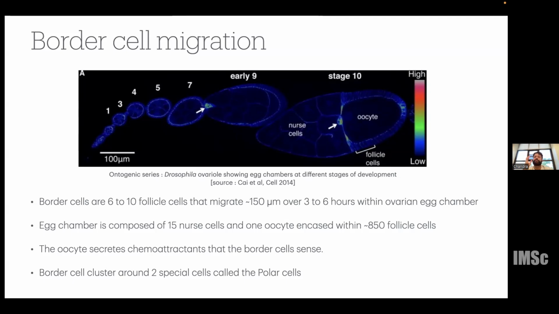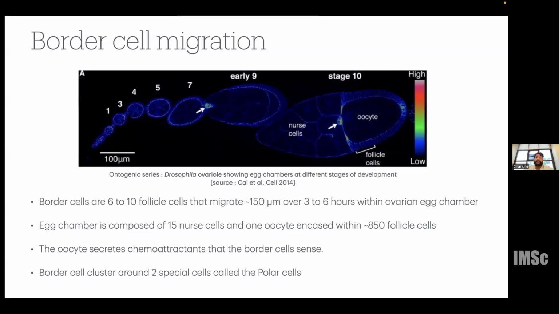This cluster of border cells enclosing the polar cells does a beautiful migration from the anterior to the posterior of the egg chamber, and basically stops at the place where the oocyte is. They travel a distance of 150 micrometers in a time of 3 to 6 hours.